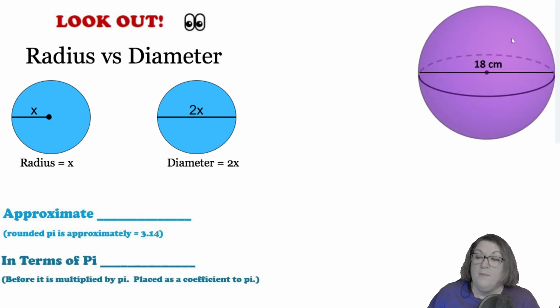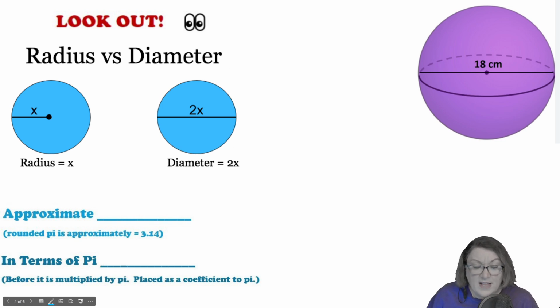We have this big purple sphere here, and the diameter is going all the way across the sphere. I'll use purple since it's a purple sphere. I'll spell out diameter, because there are some kids who might not know what the D means. Diameter divided by 2 equals the radius.